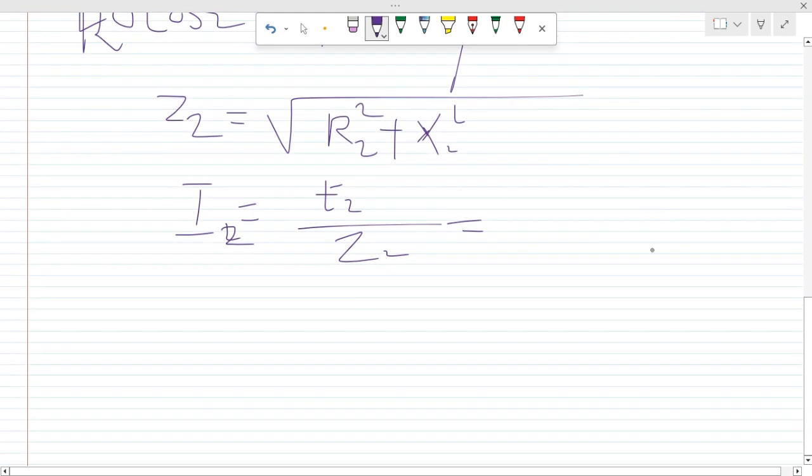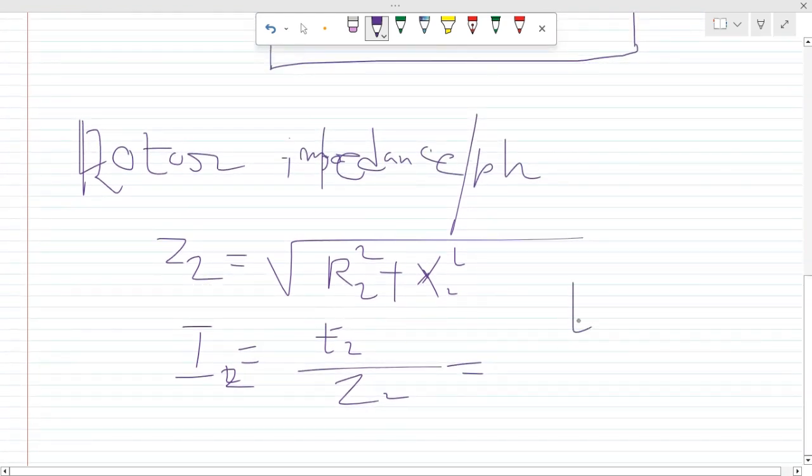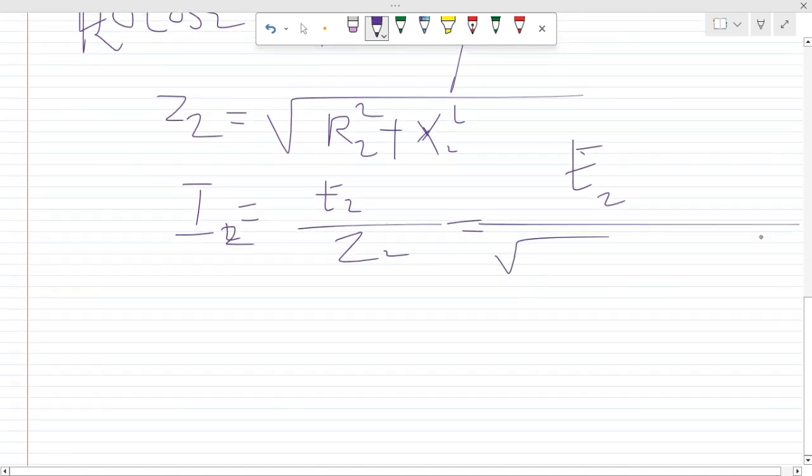So E2 as it is, and the Z2 we found here is the square root of R2 square plus X2 square.